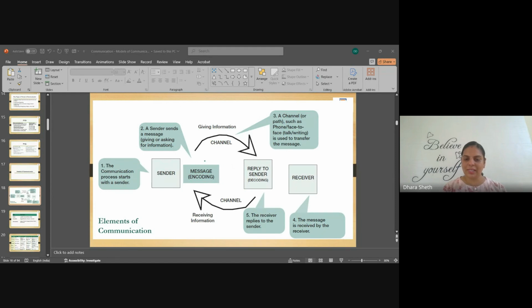The message is received by the receiver and a reply is sent back to the sender, again through a channel, which could be the same or a different channel. This is the entire process of communication, which I talked about when we covered elements of communication. If you want, you can take a minute to look at the figure.